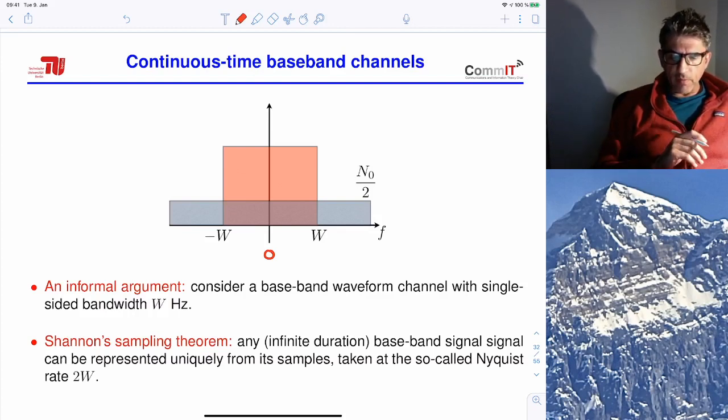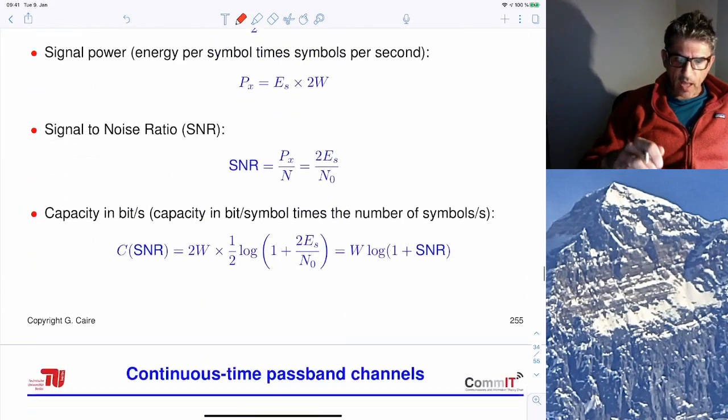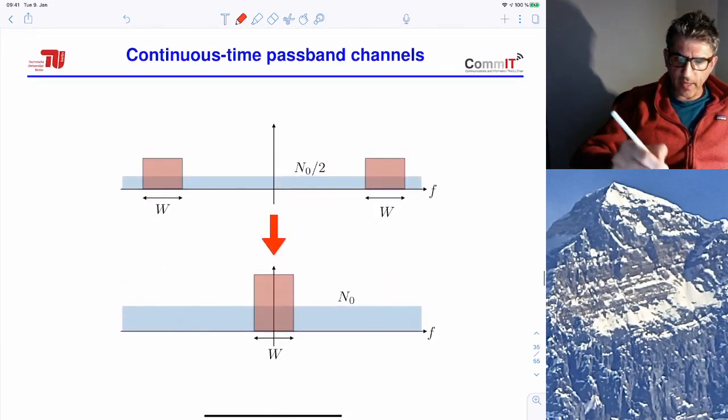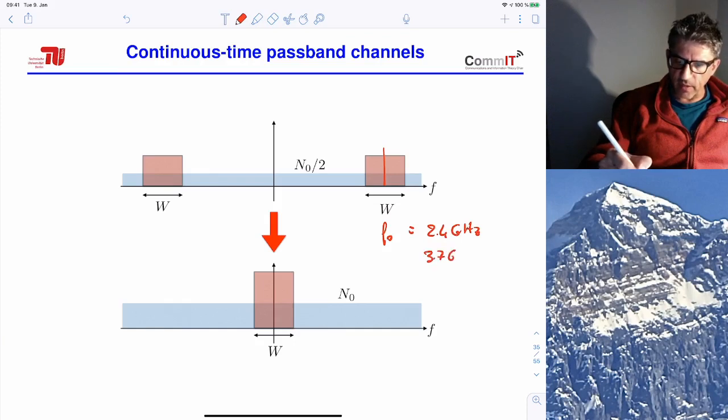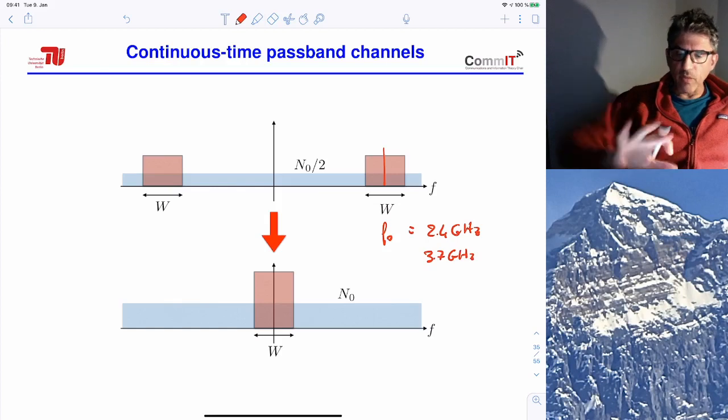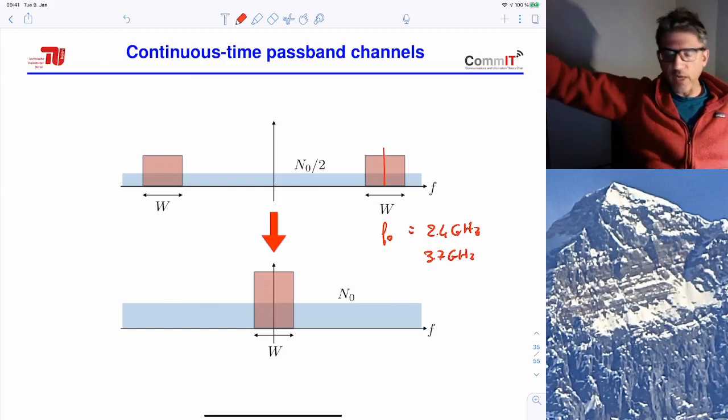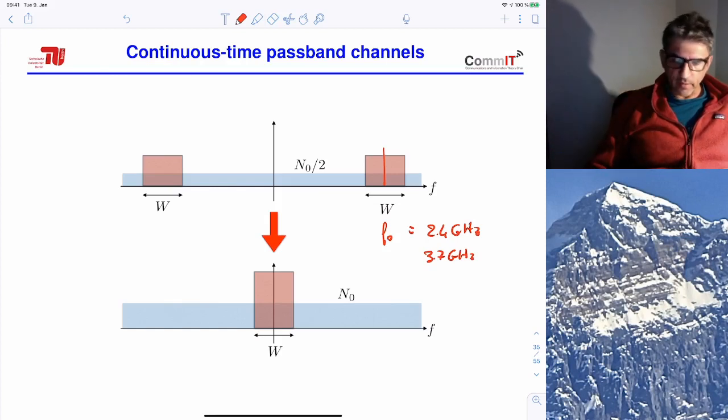Or the bandwidth may be located around a modulated carrier. For example, when we have some F0, in Wi-Fi F0 is 2.4 gigahertz, or in 5G it is going to be 3.7 gigahertz or something like that. So we have a certain bandwidth in a spectrum located around a certain carrier.